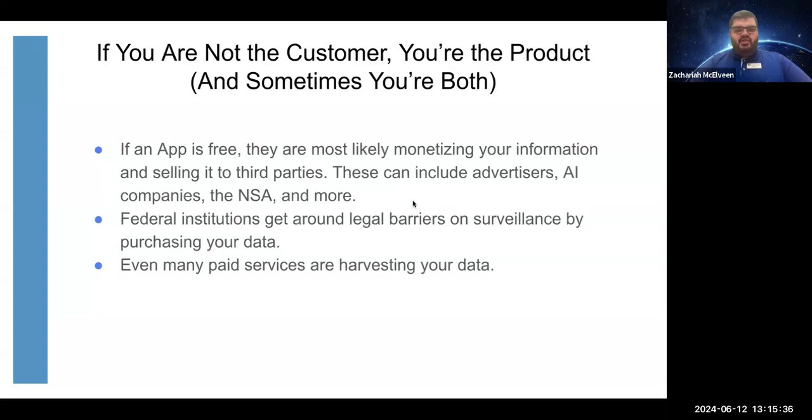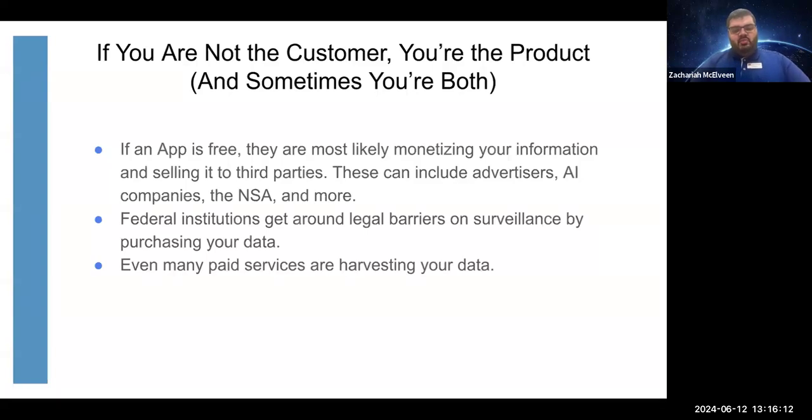Another thing to consider is that it's not just AI and companies that are gathering up data. It can be sent to advertisers, and it can be sent to governments. It can be collected by the NSA or even by other institutions in other countries. As an example, the NSA has rules and regulations about what they're allowed to gather from citizens, but there's no reason they cannot purchase your information if it's available on the internet.